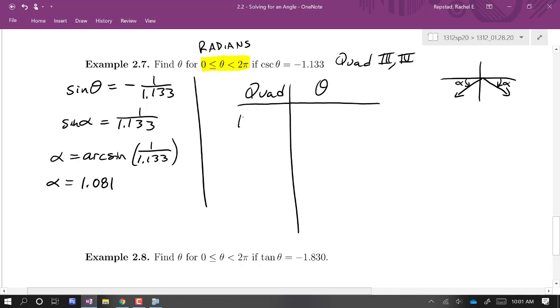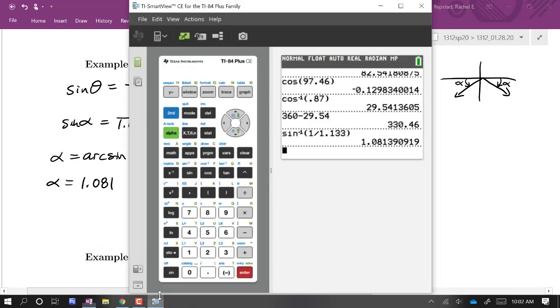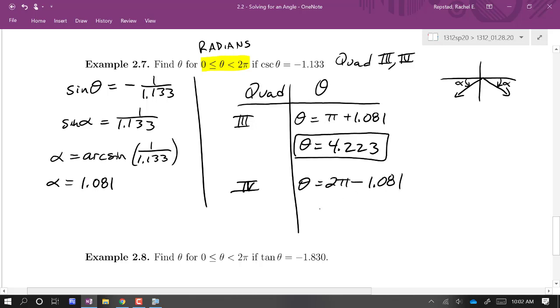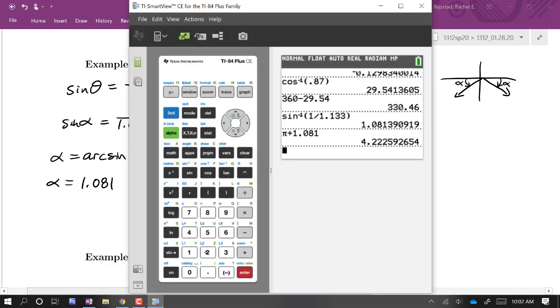So in quadrant 3, theta is pi plus 1.081. Definitely can't do that in my head. 4.223. And then quadrant 4, we're going to take 2 pi minus 1.081. 5.202.